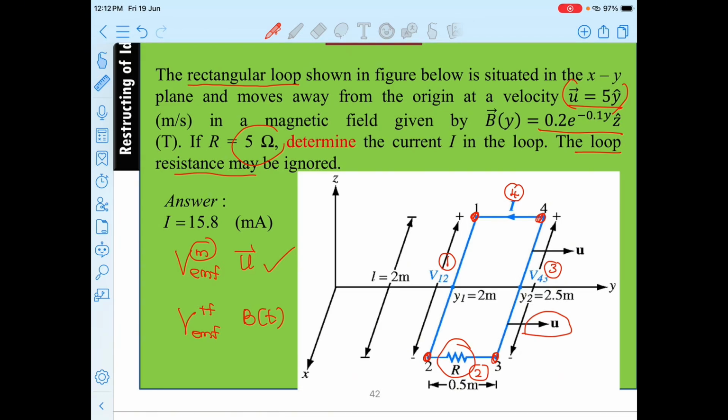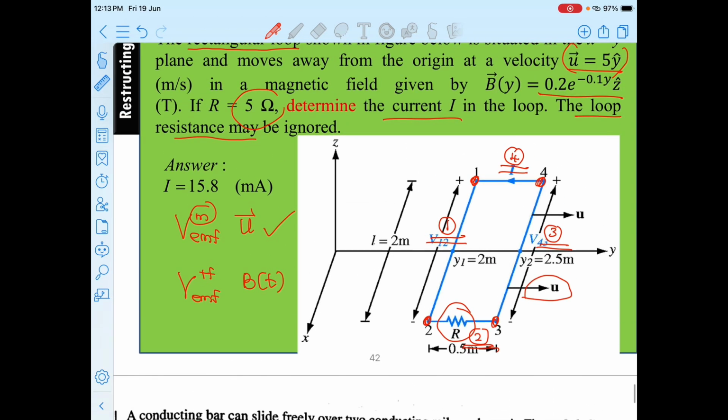To calculate the motional EMF, we calculate the voltage generated at each section one by one, then add them up together to find the total motional EMF before we find the current. This is basically the approach to solve these problems.